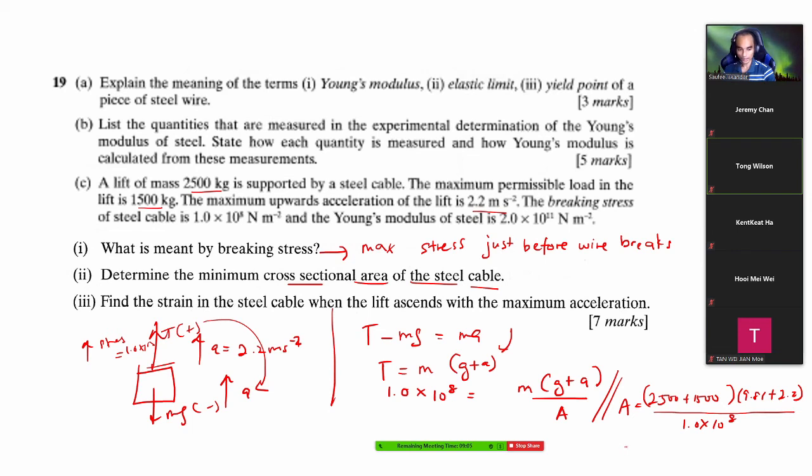So the area is 4.80 times 10 power of negative 4 meter squared. That will be the answer, the minimum cross sectional area of the steel cable.